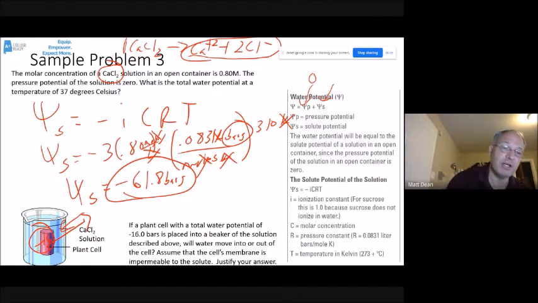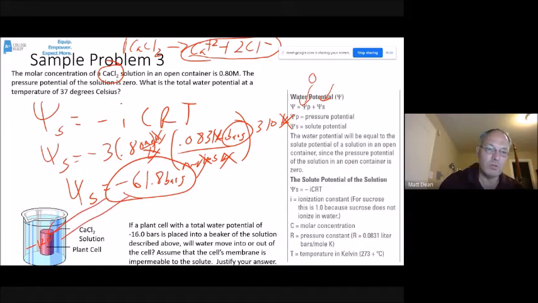Now, if on the other hand, the water potential inside this cell had been like -120, water would move into the cell. And it would move from higher water potential in the beaker to lower potential in the cell. And this cell would start to build up turgor pressure. It would become more and more turgid until eventually the pressure would get high enough that no more water could enter. All right, that's a brief review of water potential.